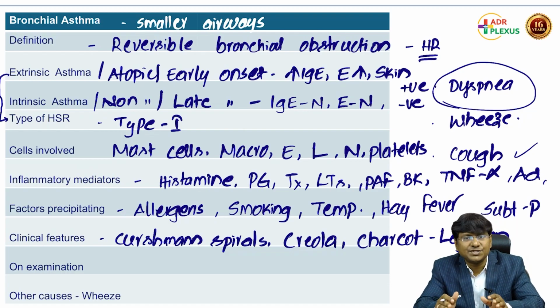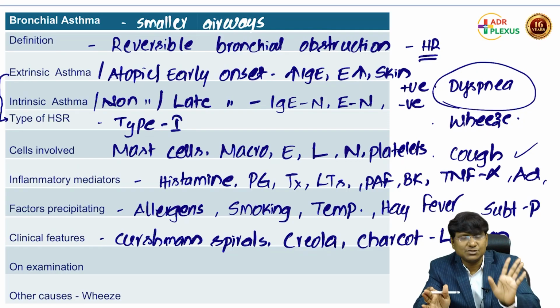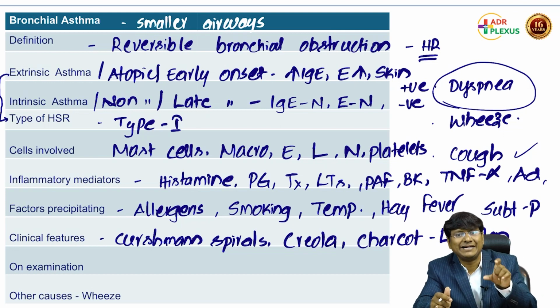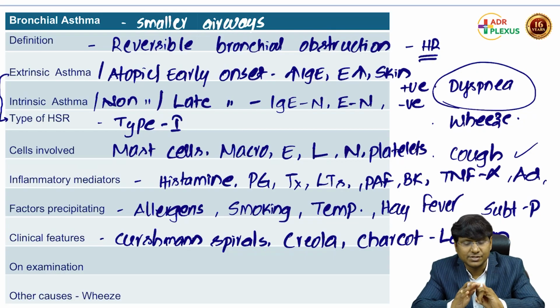These Charcot-Leyden crystals are slender and pointed at both ends, and they are indicative of eosinophilic inflammation, right? Now these Charcot-Leyden crystals are not present only in case of bronchial asthma. They are also present in allergic reactions, and they are also present in parasitic infections.